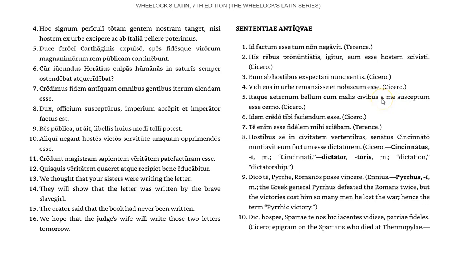Again, these passive constructions are always a little bit awkward and tricky to translate in Latin. So let's tidy this one up: and therefore, I perceive that an eternal war with bad citizens will be undertaken by me.